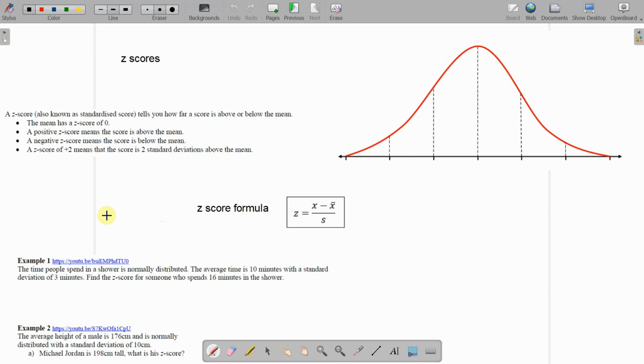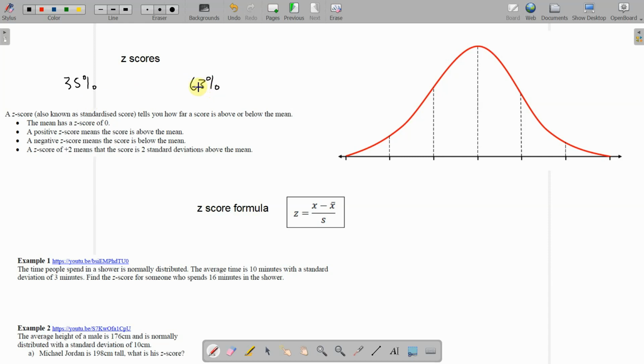Next, Z-scores. Okay, so what Z-scores are good for? And there's a very important part of this topic. Basically, if you did a test and you got a score of 35% in one test, and then in another test you got 63%, you'd automatically think, well, I did better than this one because I passed.